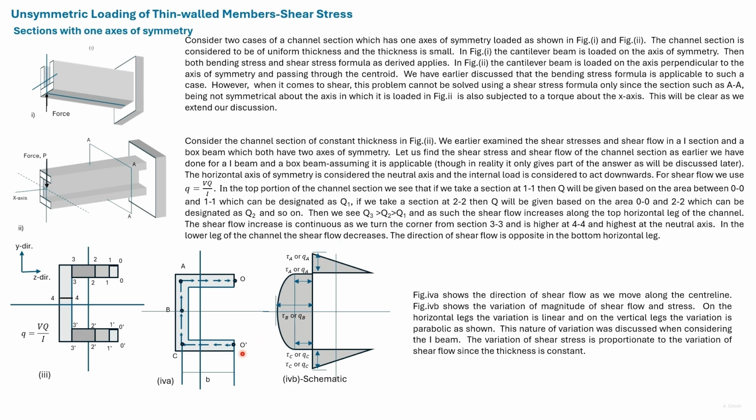Also, from O' to C, the variation will be linear. In the web, the variation of shear stress and shear flow will be parabolic. This figure gives a schematic diagram of the variation.